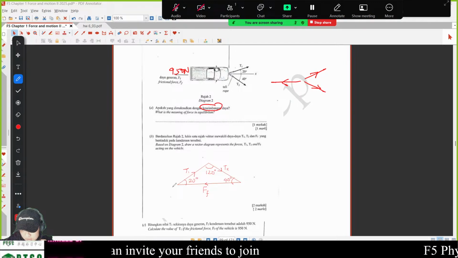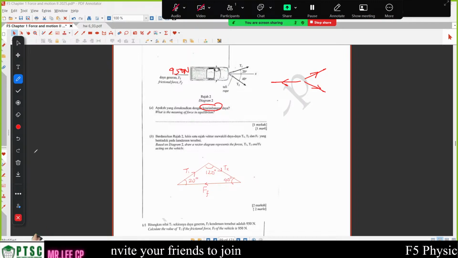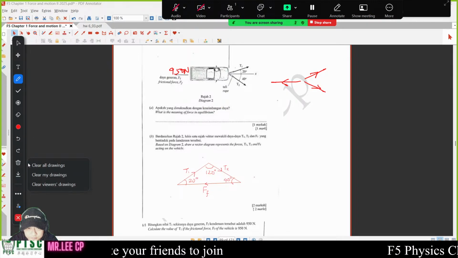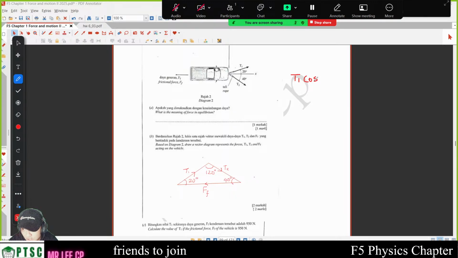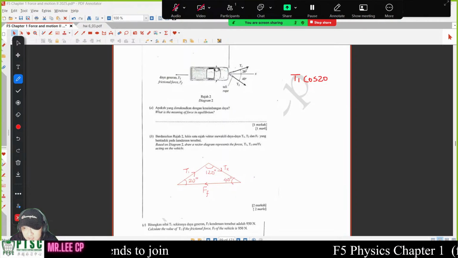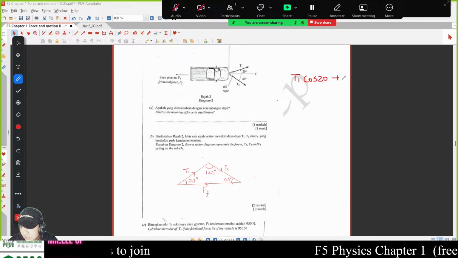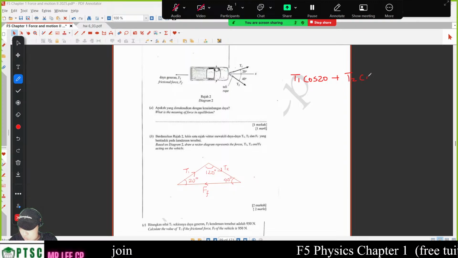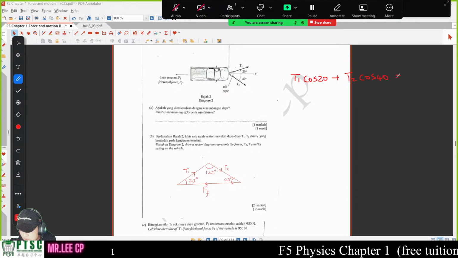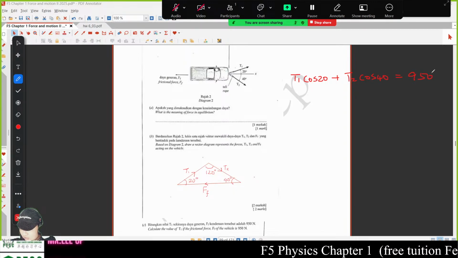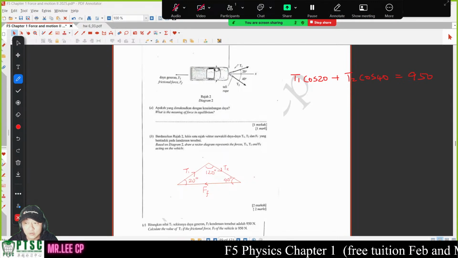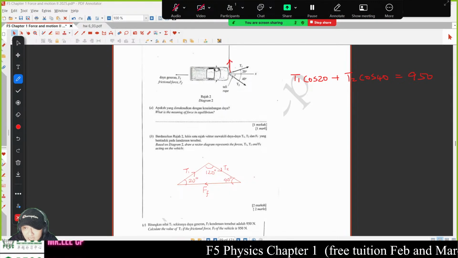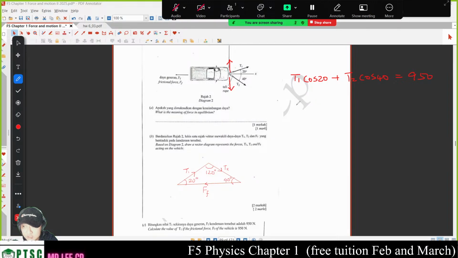So what I have is T1 cos 20 plus T2 cos 40 is equal to 950. This is one equation. Now, the force going up and down will be the same.